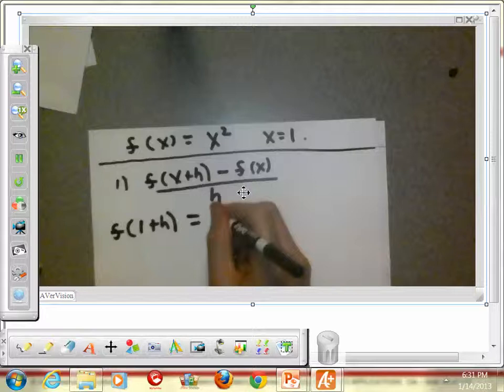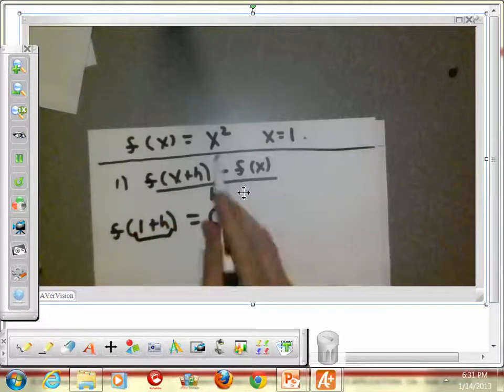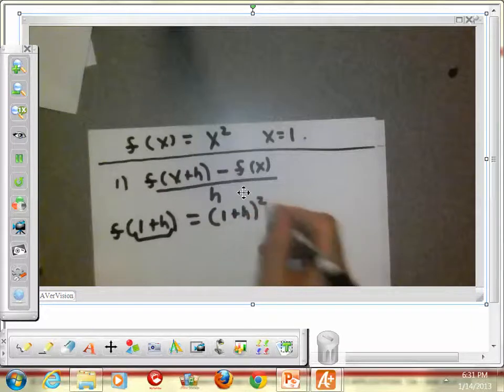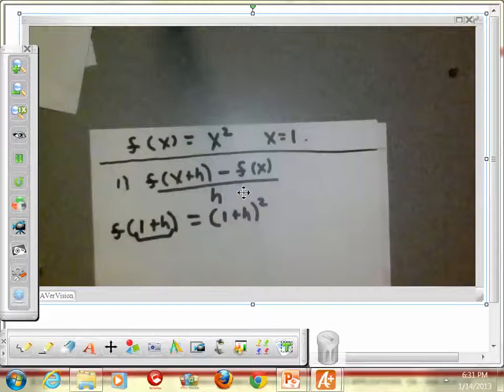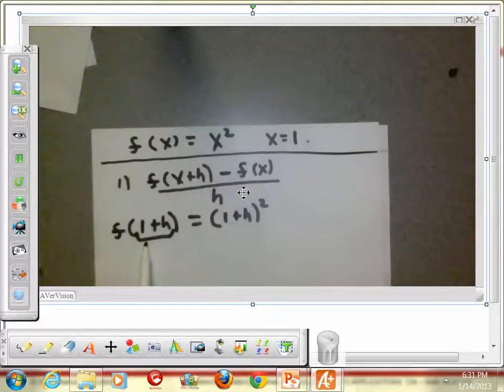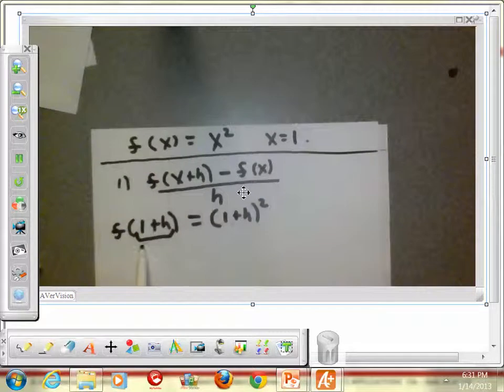Whatever value is in here, I'm going to substitute in for x, so this is going to be 1 plus h squared. F of x is equal to x squared, so f of 1 plus h is equal to 1 plus h squared. Whatever value is in parentheses, square it. The value in parentheses is 1 plus h, so I'm squaring the whole thing.